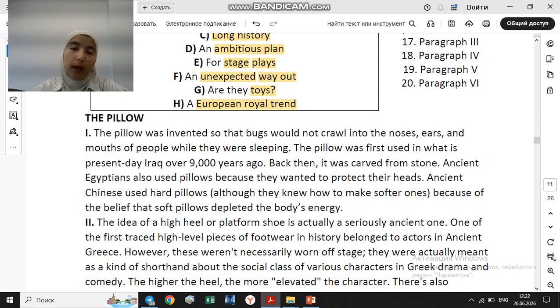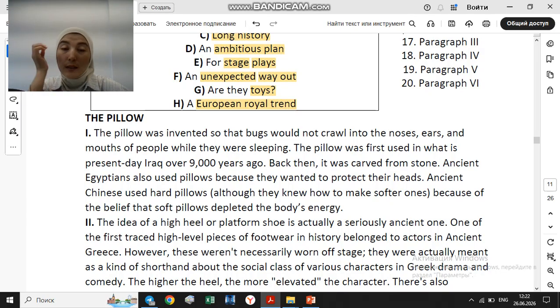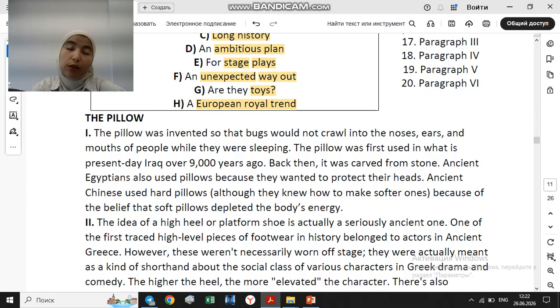And usually the last one or two sentences are considered to be the conclusion, the closing part of the paragraph. If you pay attention to the topic sentence of the paragraph, it's a bit easier to find the correct heading for the paragraph.